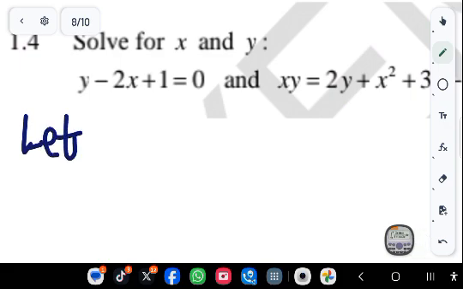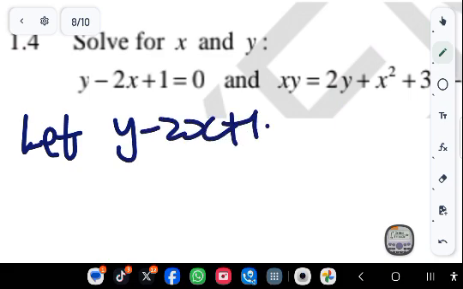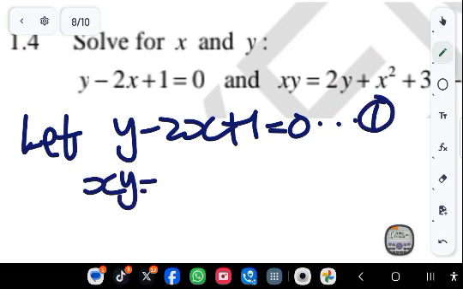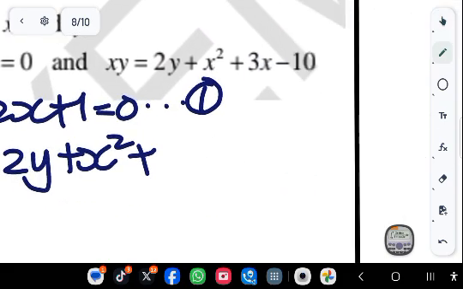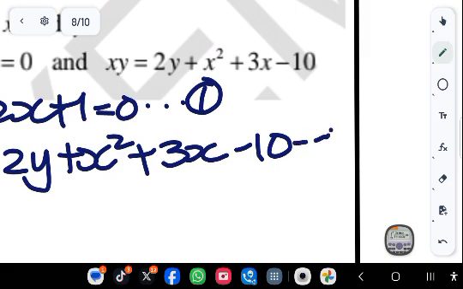Let y minus 2x plus 1, that's what you do. Assign them to numbers so they are easier to work with, and the second one be equation 2, plus 3x minus 10. This is equation 2.